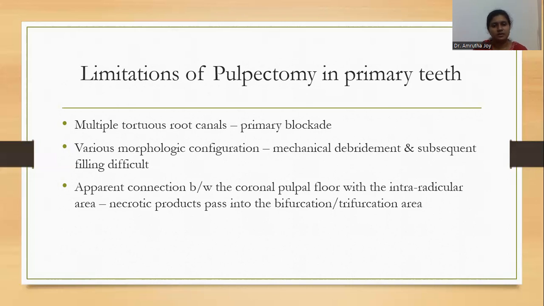So these are the peculiar features of primary teeth, and that is why pulpectomy is not indicated in the case of an immunologically compromised patient, because the tooth may act as a constant source of infection.